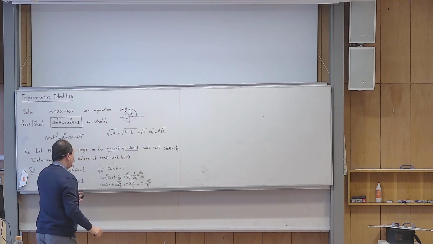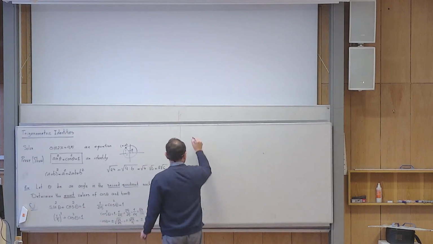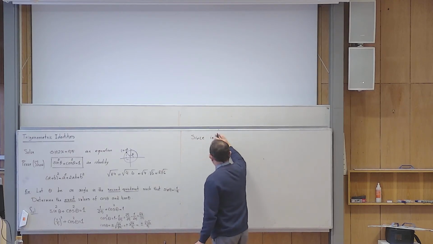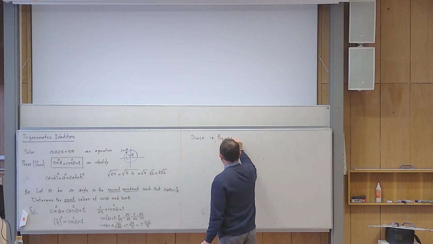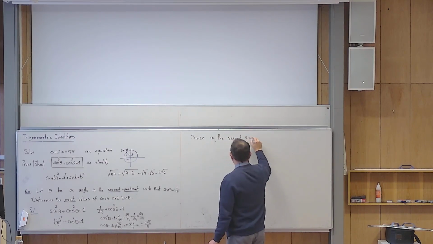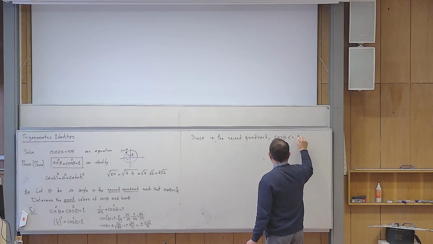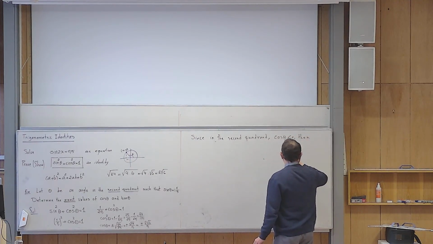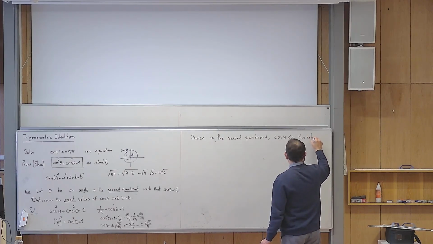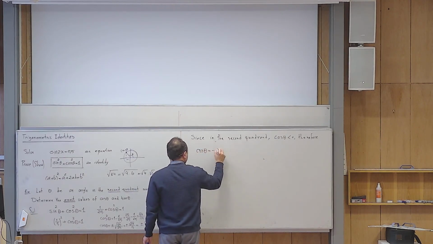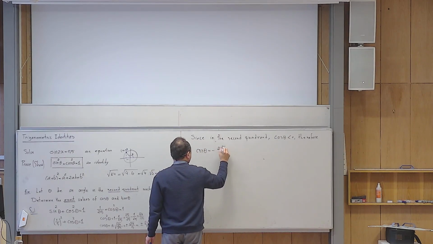So this means that you need to write it down. Since in the second quadrant cosine theta is negative, therefore cosine theta is -2 square root of 6 over 5.